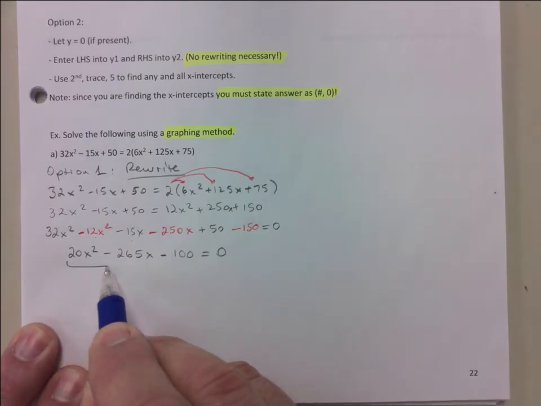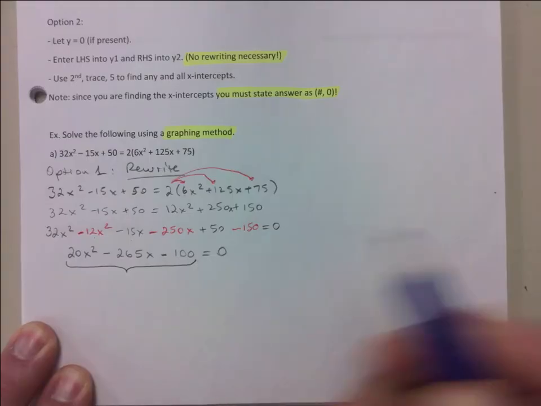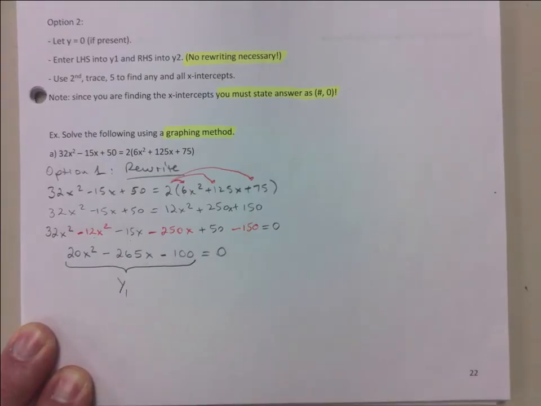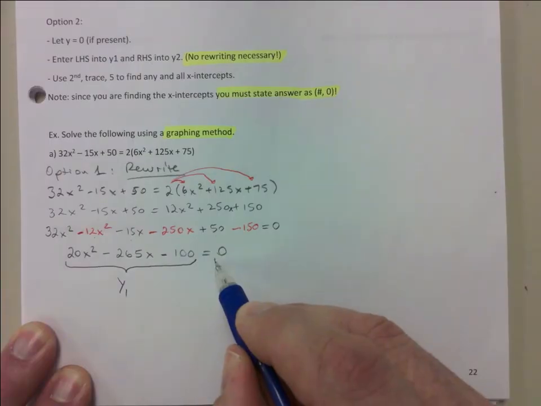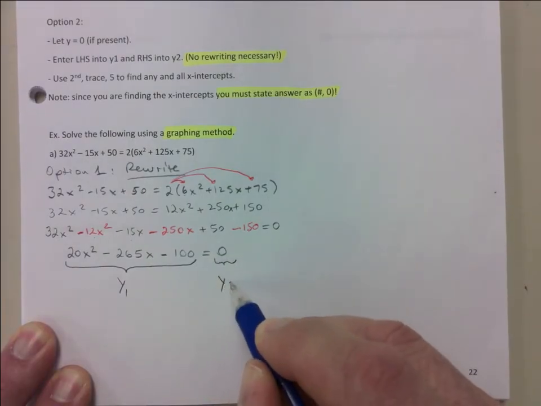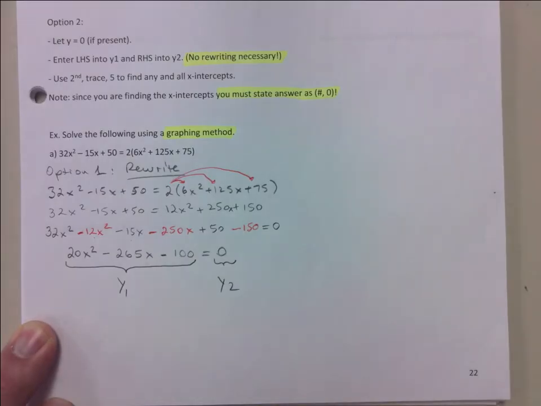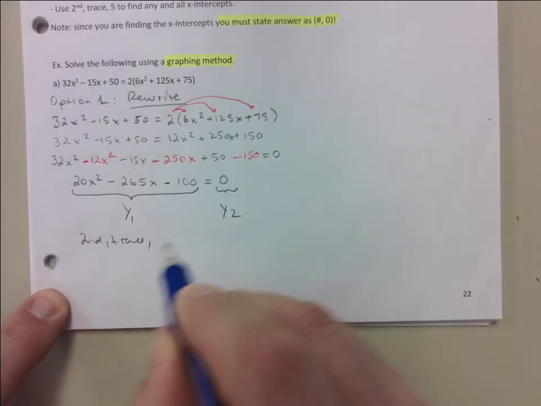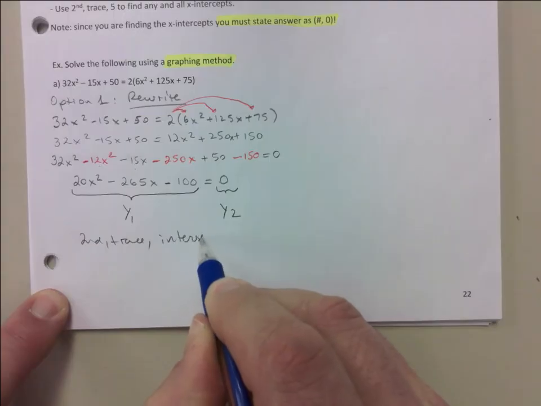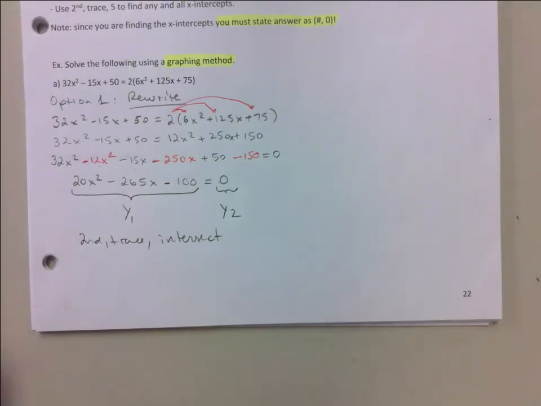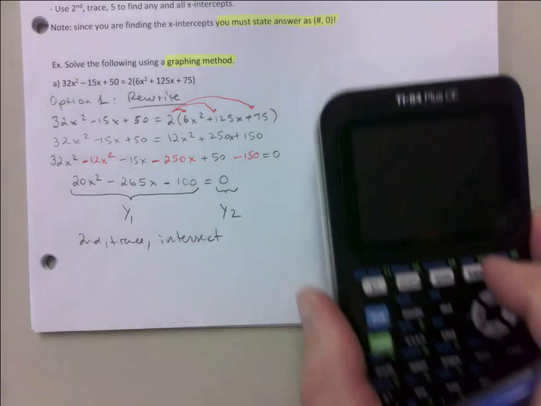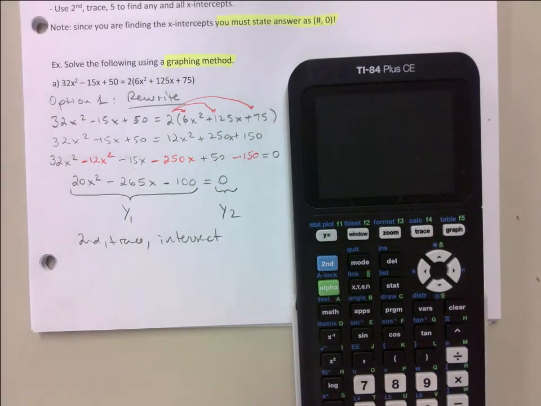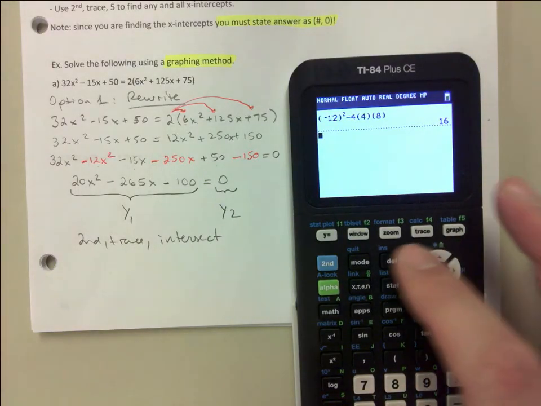So basically, I take the left-hand side. This is how you show your work. You put this into y1, and you put this into y2. And you're going to go second, trace, intersect. Let's see if we can make this appear on our graph, because that is also a challenging part of this whole operation.